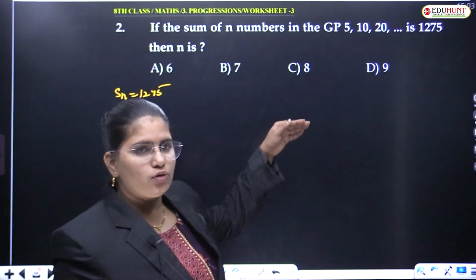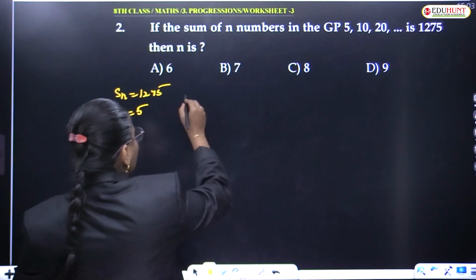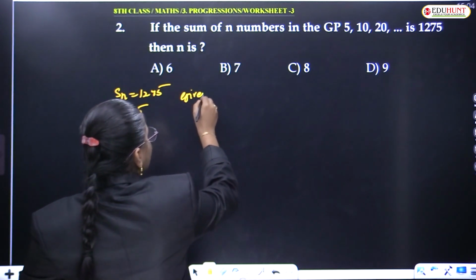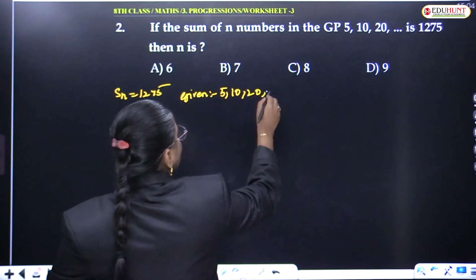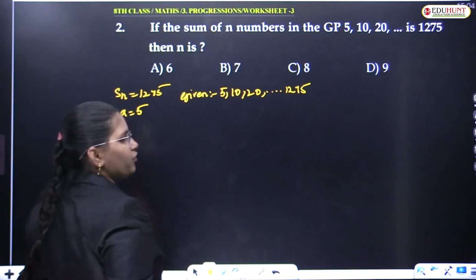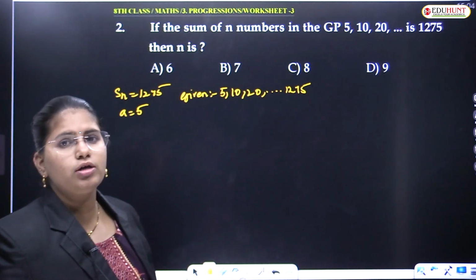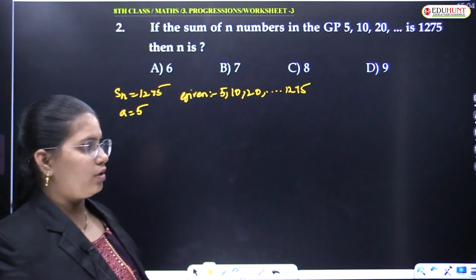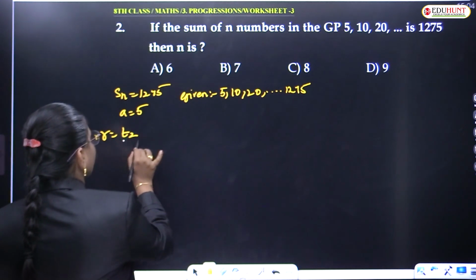So we need to check whether we have a common ratio or not. What is given? Given terms are 5, 10, 20 and so on up to 1275. So A is 5, the first term, and we need to check whether we have a common ratio or not, because it is in a GP or not. First, common ratio R is equal to, how will you define common ratio?